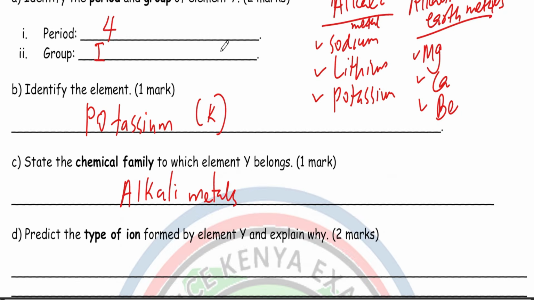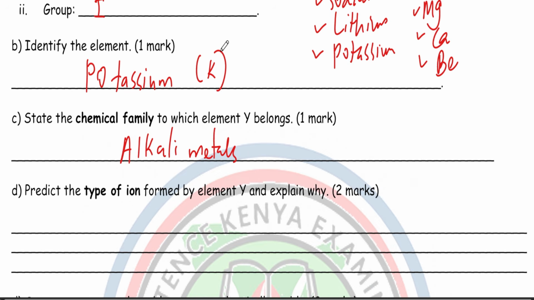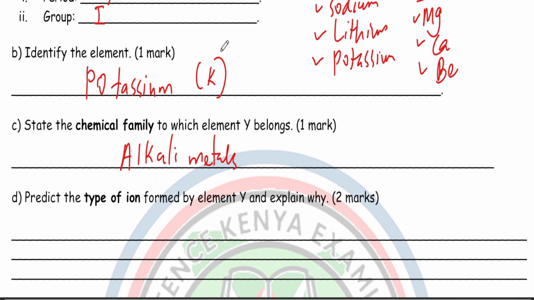Nope. D. Predict the type of ion formed by element Y and explain why. Now the type of ion that's formed by element Y is K plus.